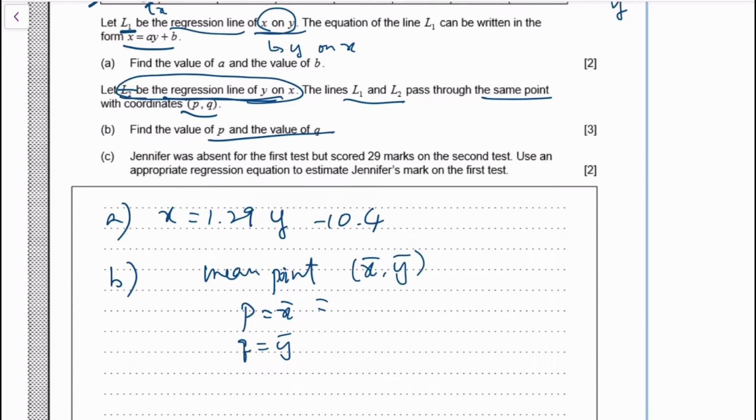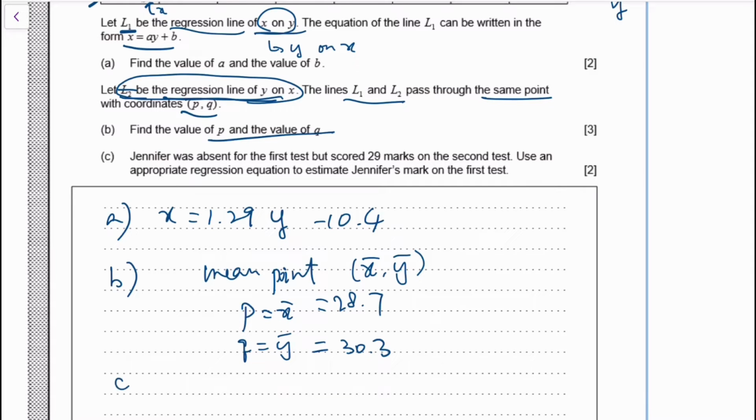Obviously your GDC would get it for you. So I got x bar to be 28.7 and y bar to be 30.3. If you don't know this, just actually solve the simultaneous equations. It's not too hard.